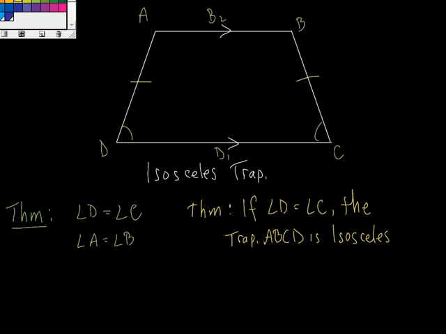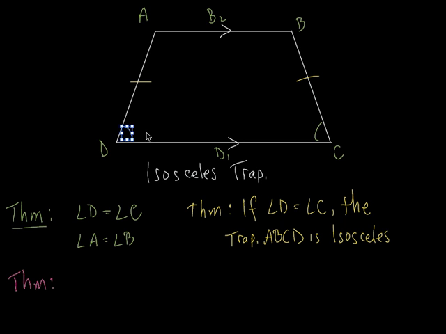What haven't we used? Let's use this magenta looking color. Here's another theorem. And let's see what the other theorem says. It says a trapezoid is isosceles if and only if its diagonals are congruent. All right, so let's go back to this picture. I don't know that's equal, I don't know that, I don't know that, and I don't know that.